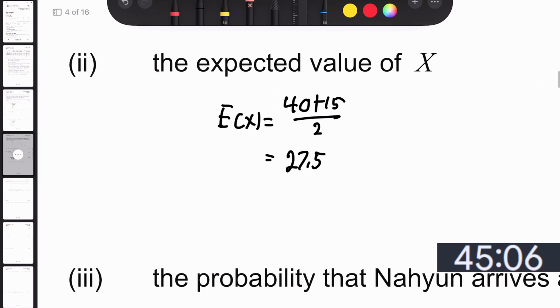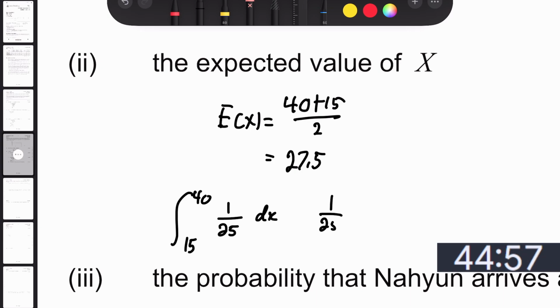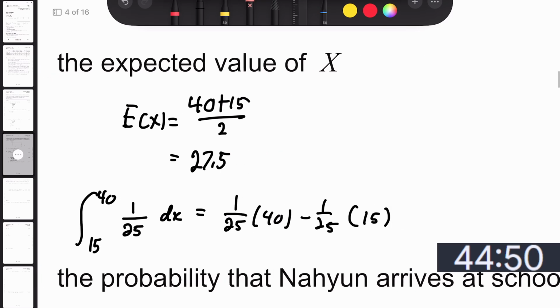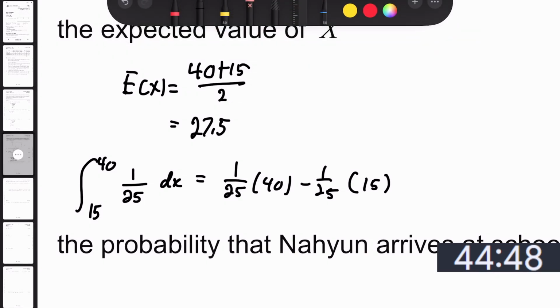Or if you want to do it the weird way, you can integrate from 15 to 40 of 1 on 25 dx. That'll give you 1 on 25 times 40 minus 1 on 25 times 15.